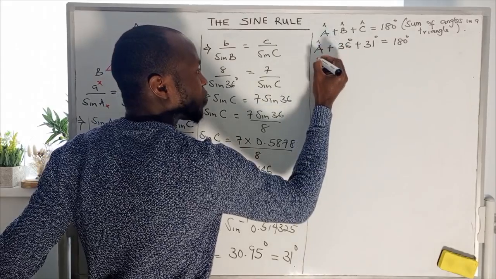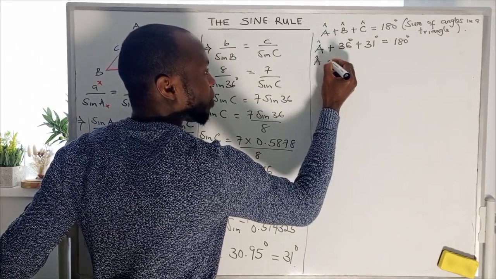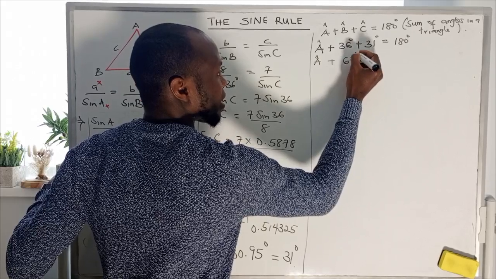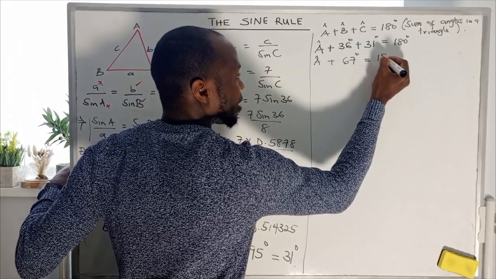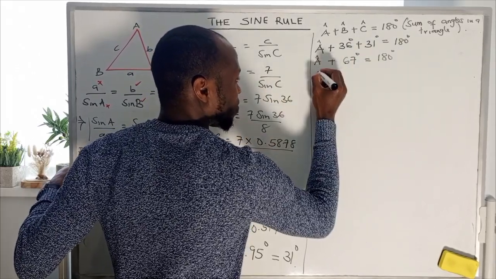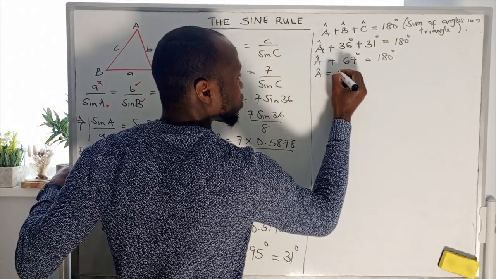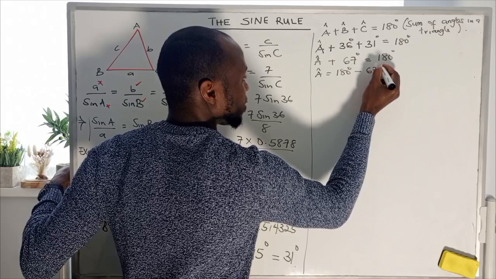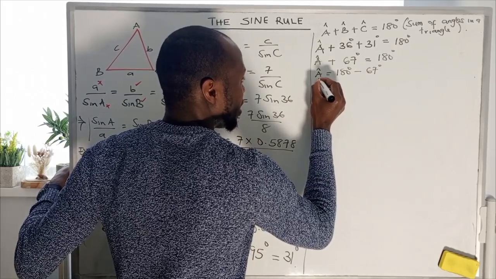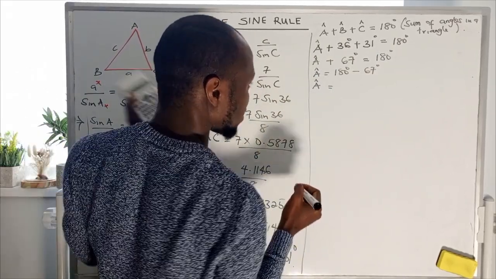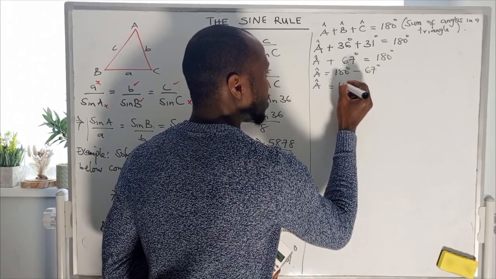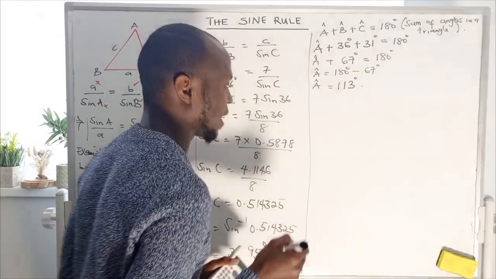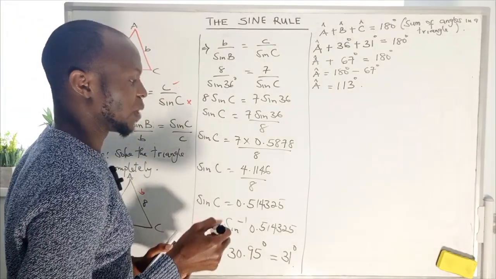Automatically, my angle A plus 67 degrees equals 180 degrees. So my angle A equals 180 degrees minus 67 degrees, so my angle A is equivalent to 113 degrees.